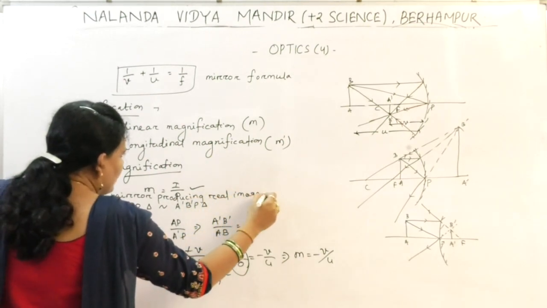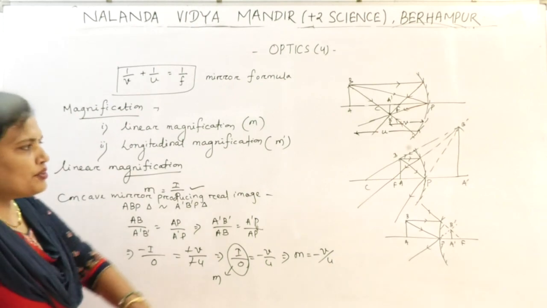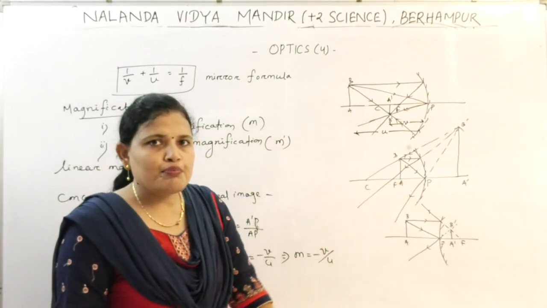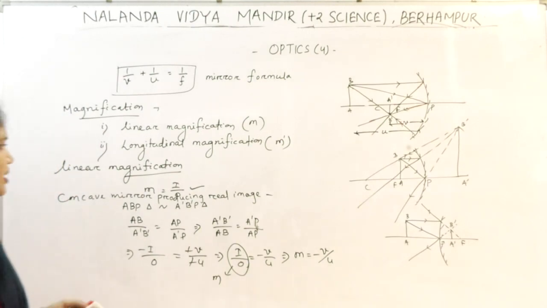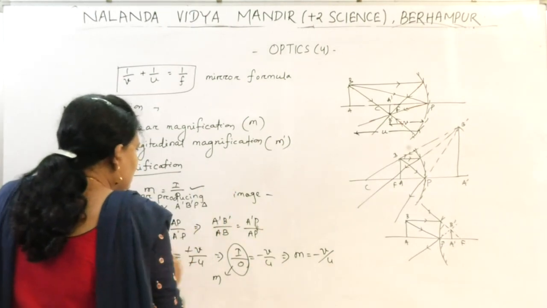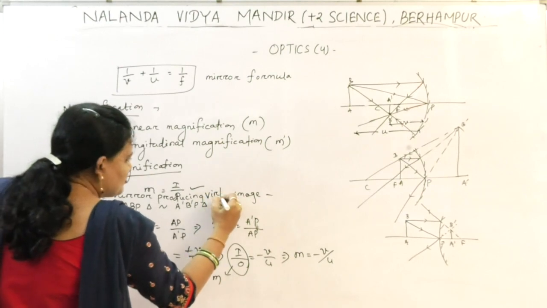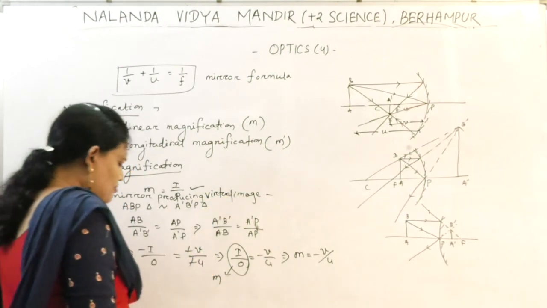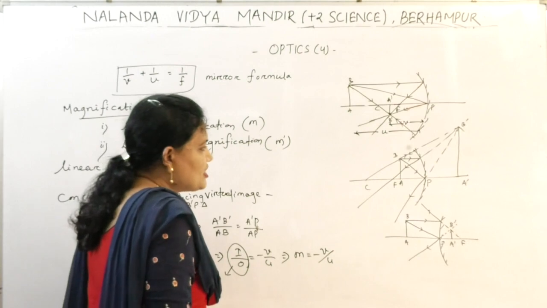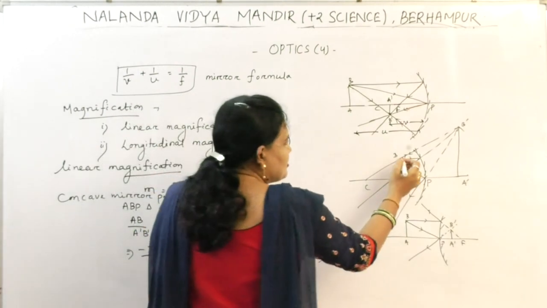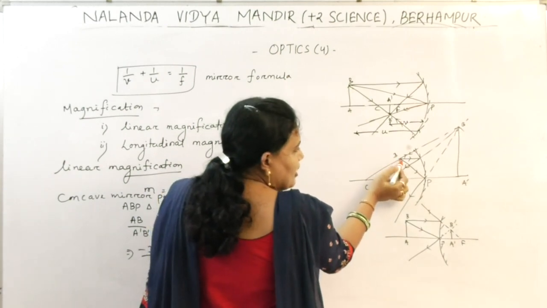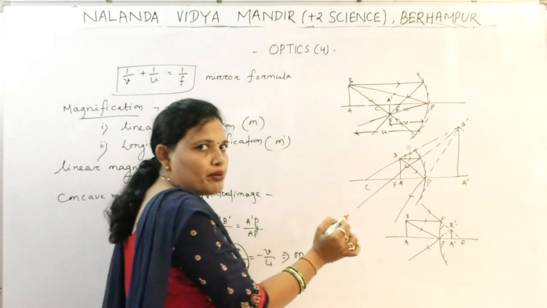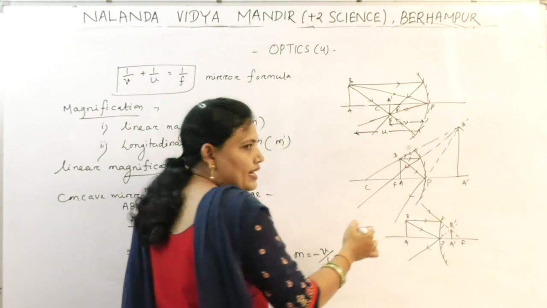Okay. Now come to the second diagram for the concave mirror producing virtual image. See the diagram? The ray which is parallel to the principal axis passes through the focus. So this is one ray. The ray which is incident at some angle to the principal axis is reflected at the same angle.